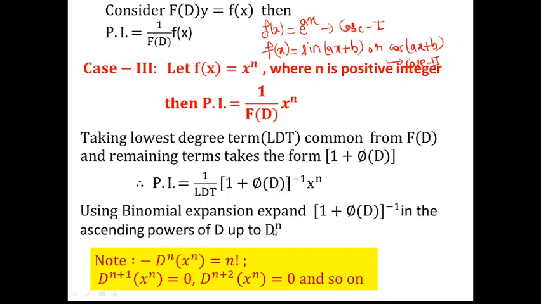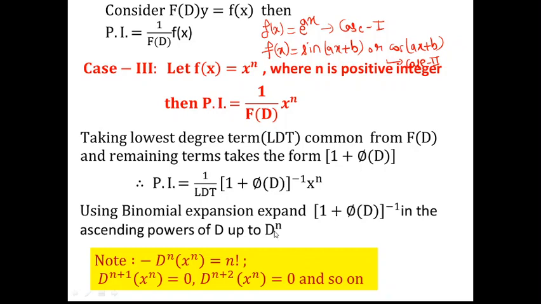So we will have terms of the form nth derivative of x raised to n, and the nth derivative of x raised to n is n factorial. Whereas if the power of the derivative is more than the power of the algebraic term, that is x raised to n, then the term reduces to 0. So this is the reason why we expand up to D raised to n only.